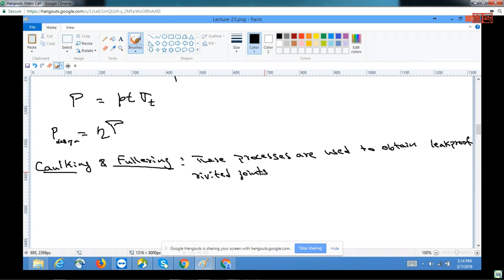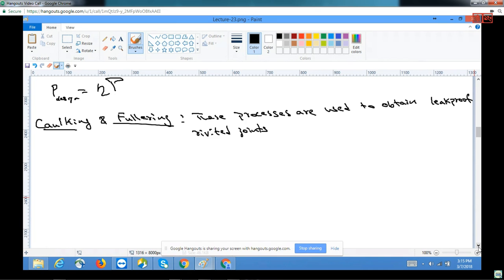In pressure vessels, it is mandatory to have leak-proof conditions. So in order to attain such leak-proof conditions, under maintenance, one has to do either caulking or fullering. Let us see what caulking is.